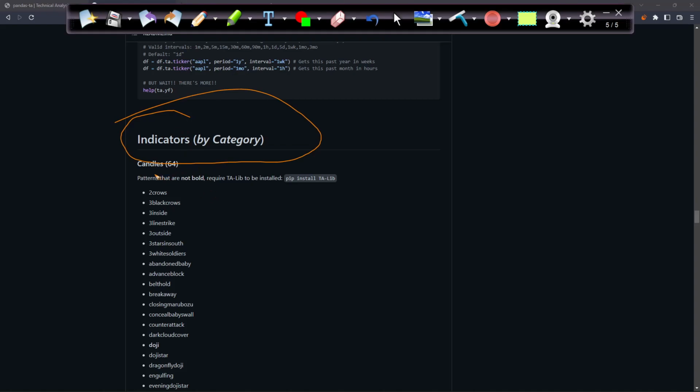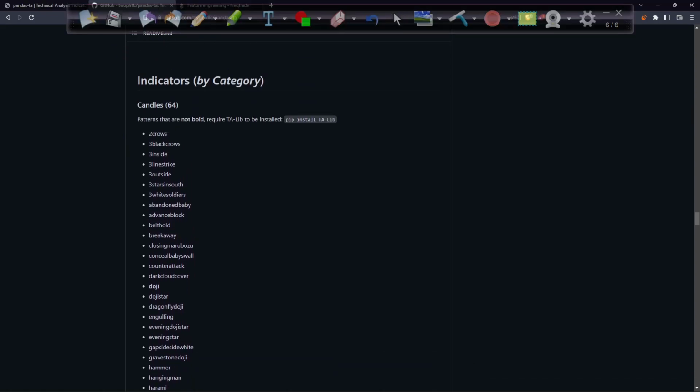Indicators by categories. We have candlestick patterns, which is all these patterns where you combine 2 to 3 candlesticks or even a single candlestick, and you deduce certain sentiment from it.